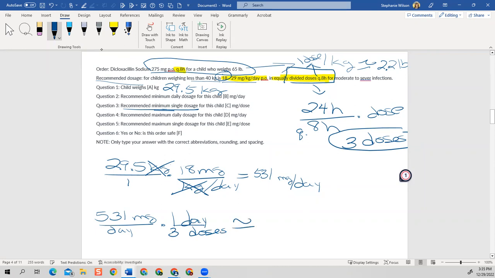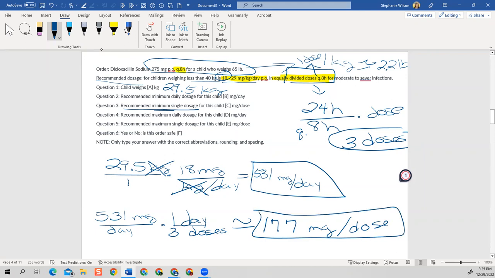So that means I'm going to take that 531, divide it by 3, and I get 177 milligrams per dose. This is a minimum, okay? So we're talking about the minimum. Always good to label. Minimum recommendation.